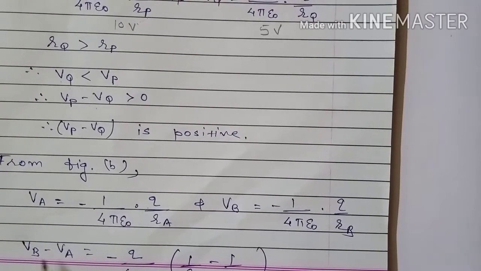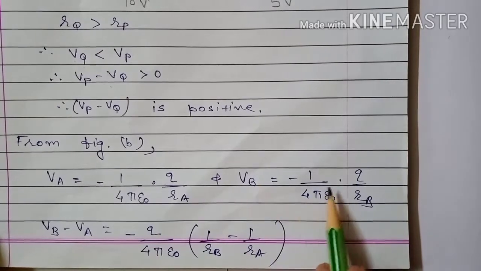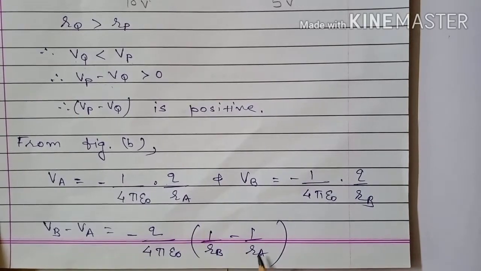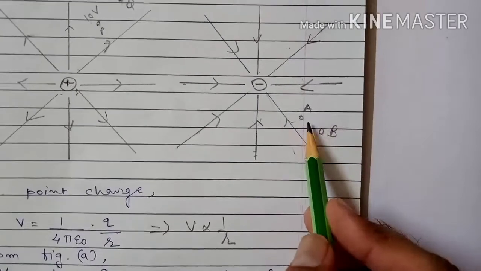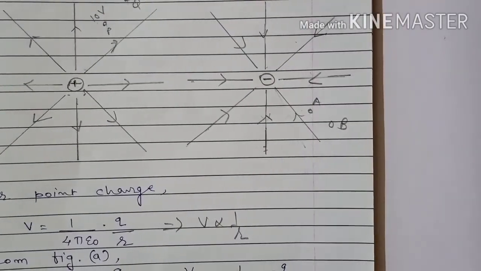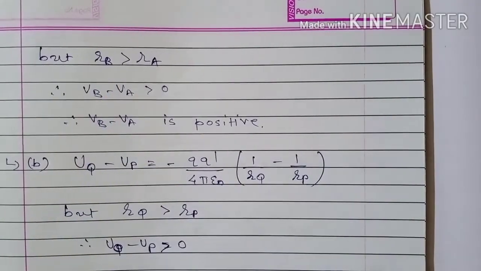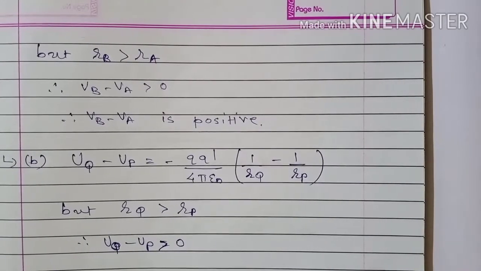So if we find Vb minus Va, then Vb minus Va can be written as, here Q upon 4 pi epsilon naught we can take common, negative sign we can take common, so it can be written as 1 upon Rb minus 1 upon Ra. From figure it is clear that Rb is greater than Ra, therefore 1 upon Rb is less than 1 upon Ra.